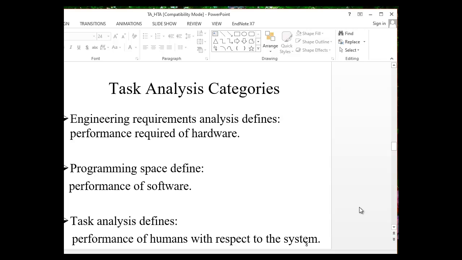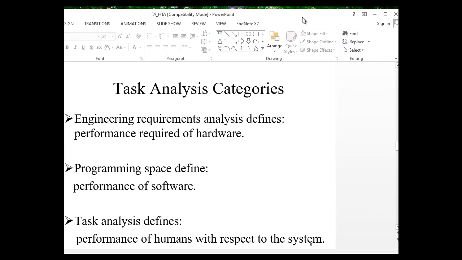Task analysis categories. Here we have three main categories of task analysis: engineering requirements analysis, second is programming aspects or programming specs, and the third is task analysis defined. The first one, engineering requirement analysis, is the performance required of hardware, the physical part of a system.